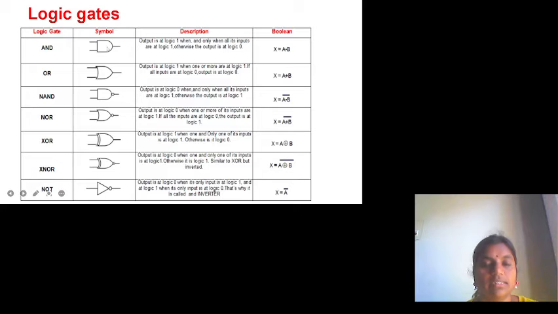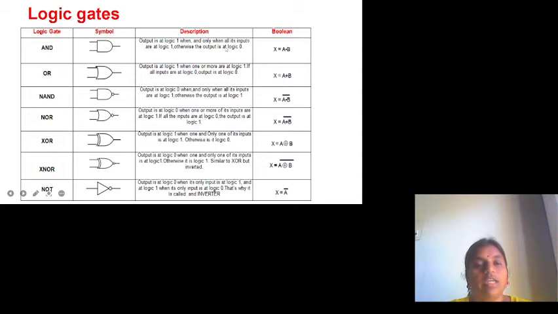The symbol of the AND gate is shown in the second column. The behavior of the AND gate is that its output is at logic 1 when and only when all the inputs of the gate are at logic 1. Otherwise, if any one of the inputs is 0, then the output of the gate will be logic 0.